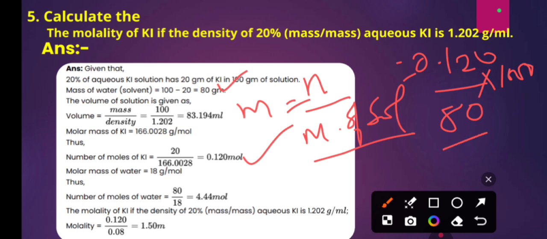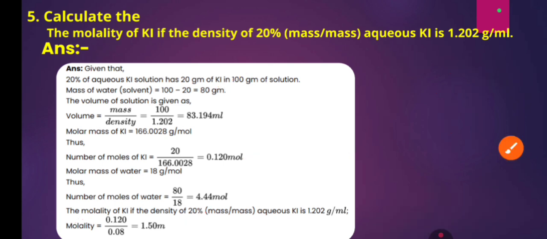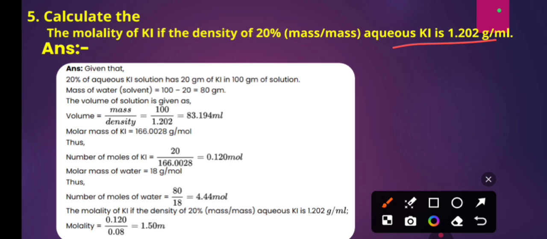Why? Because it is given in gram. So you can solve by this way the molality of the solution. So we have solved here, molality is 0.120 by 0.08. So what value have you got? 1.50 molal.